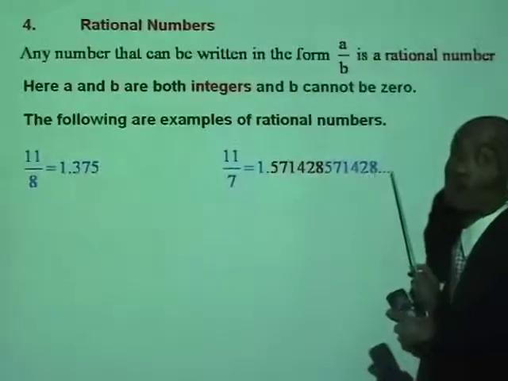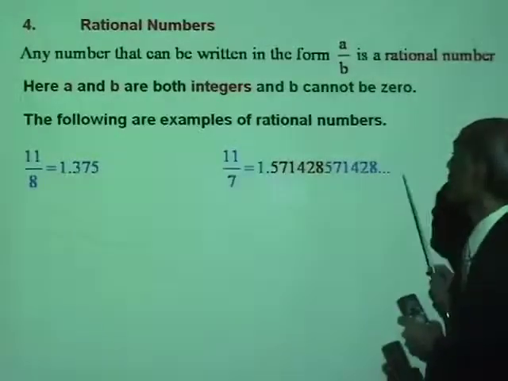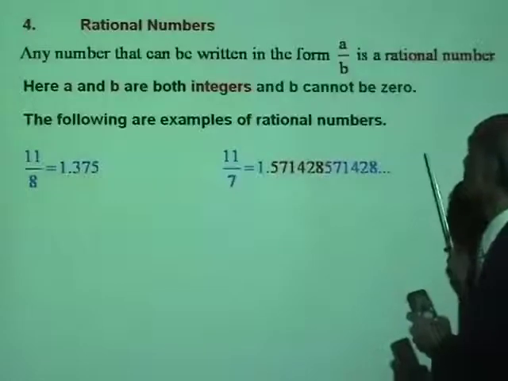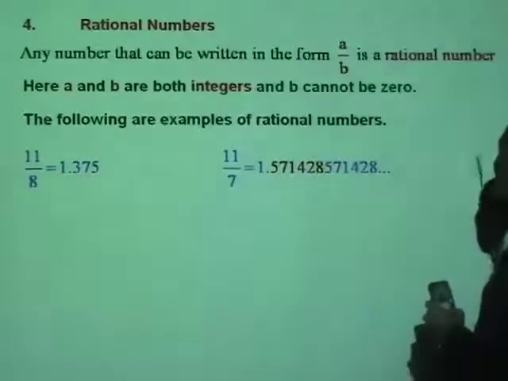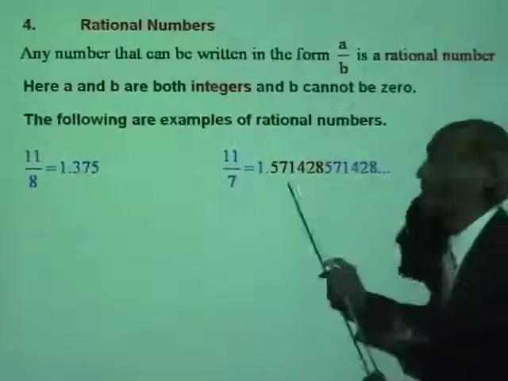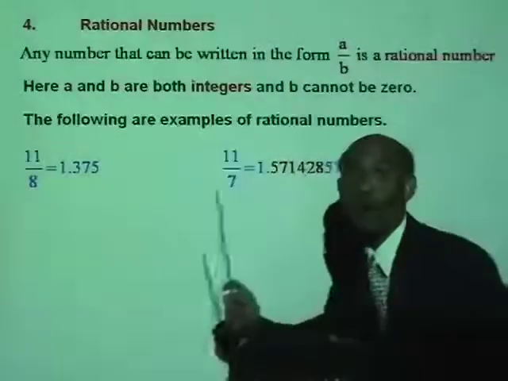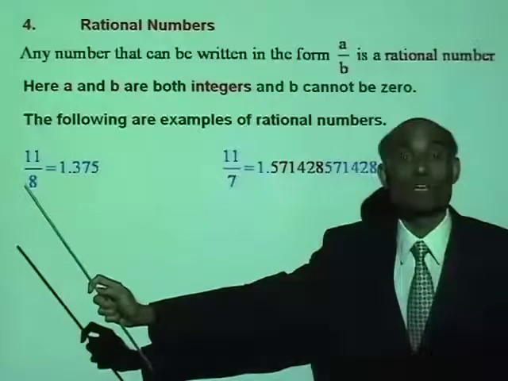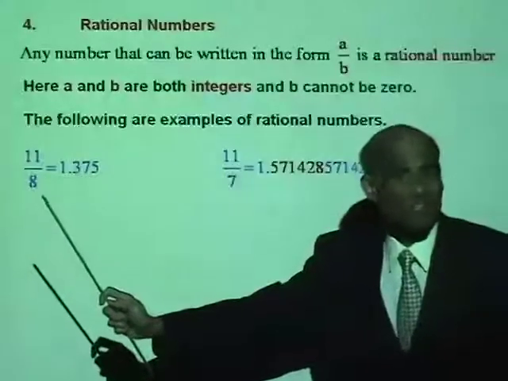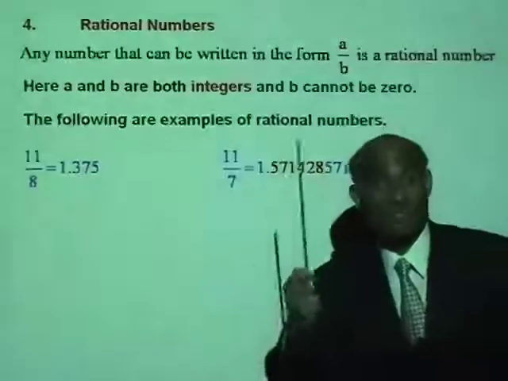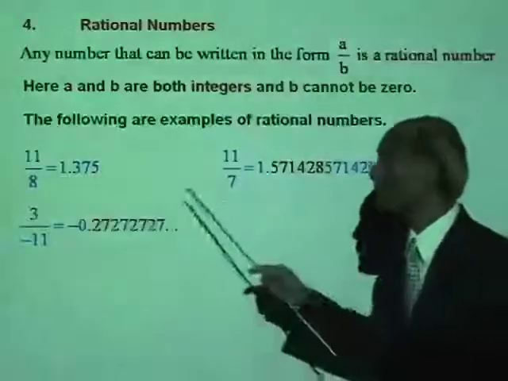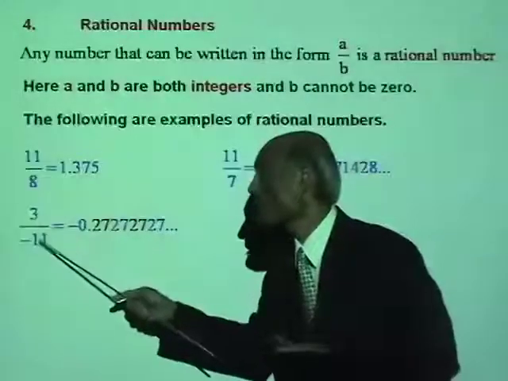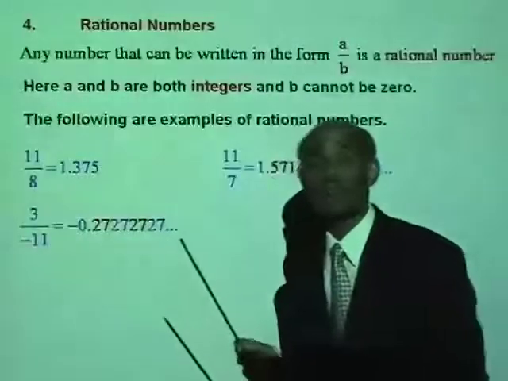Now it goes on like this, 571428, 571428. It goes on and on without any end. You see? Is that a predictability? Yes, it's a predictability.